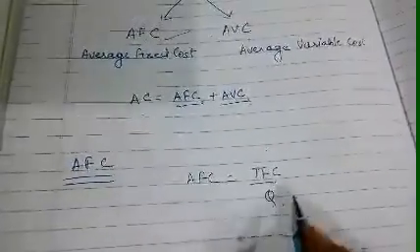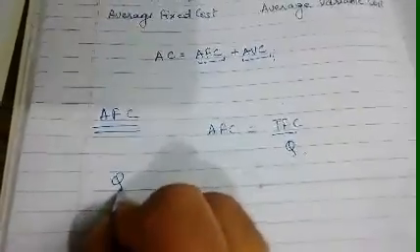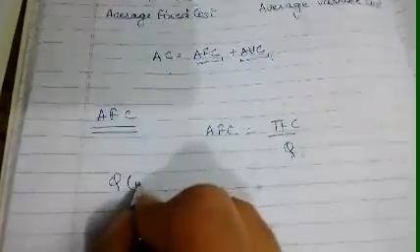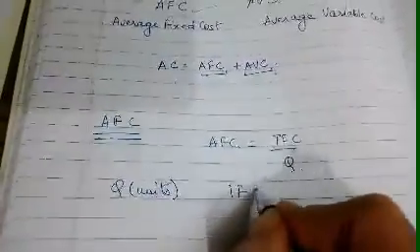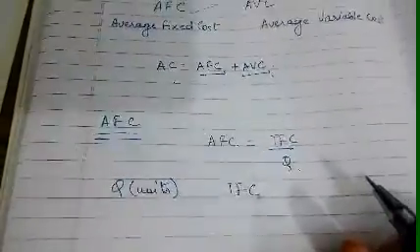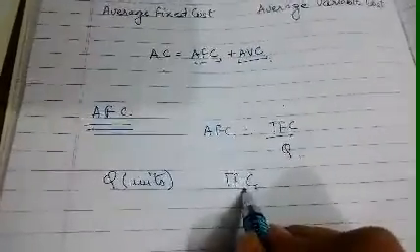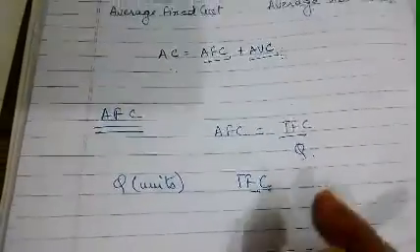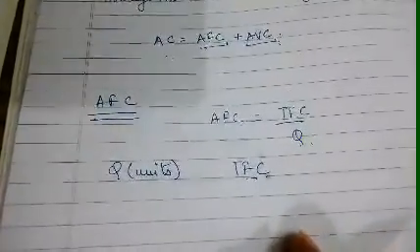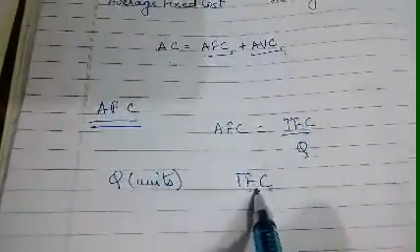Suppose quantity in units and total fixed cost are given to us. Fixed cost means in the short run fixed cost remains the same. That means if we are hiring premises on rent, the rent will not change.